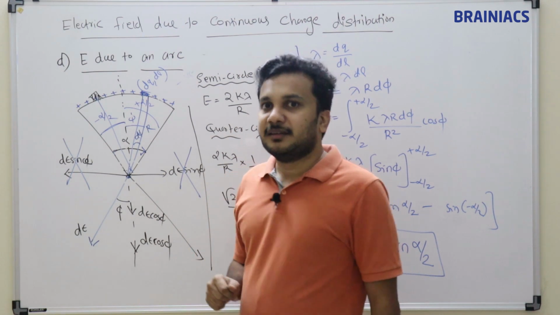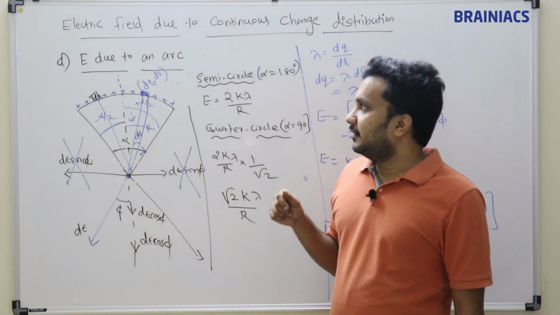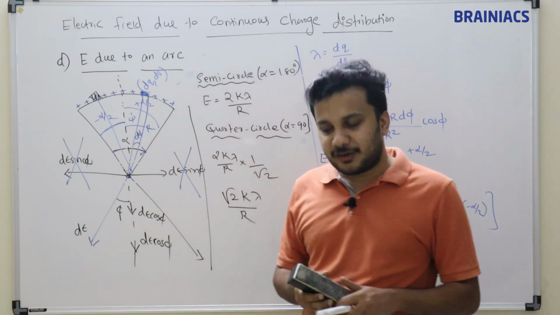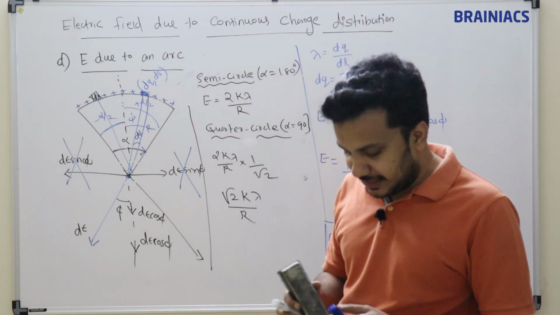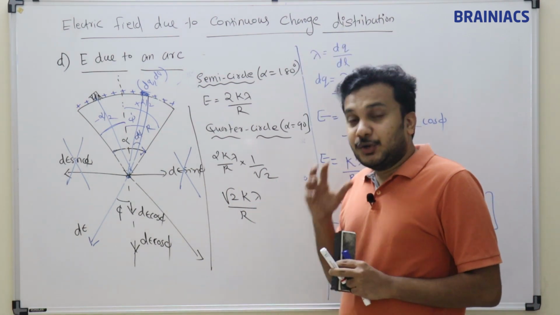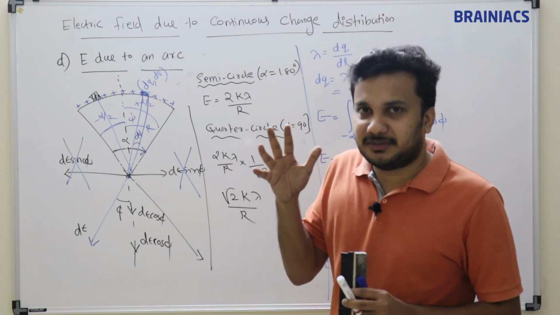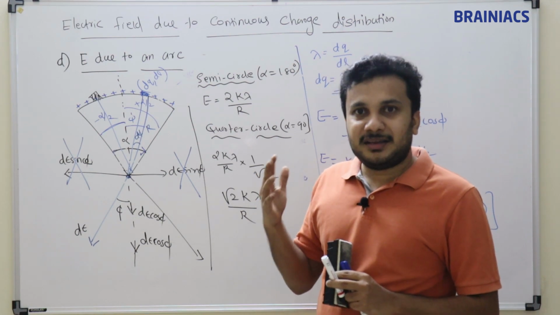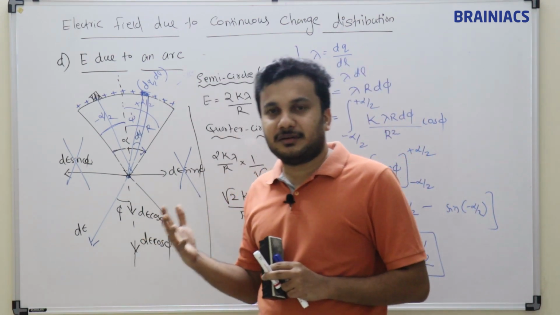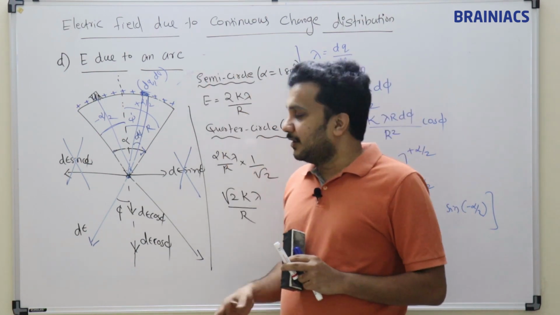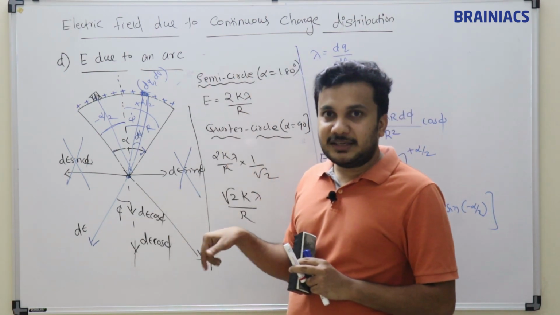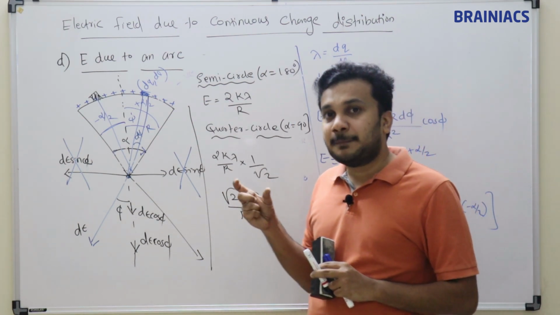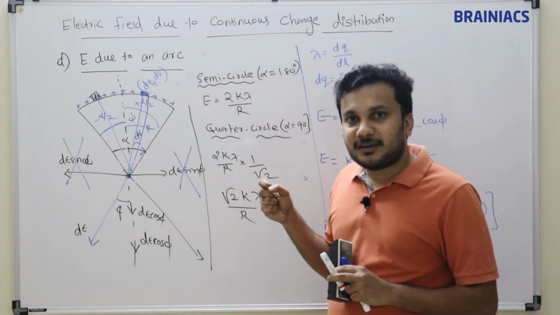The answer is: to understand the electric field due to an arc, it is not necessary that you learn the previous sessions like section B and section C. But in order to understand the real concept, why and what electric field will be created by a semicircular arc, by a quarter circle, or by an arc, these things you will feel easy if you understood the other two sessions: electric field created by a quarter circle, electric field created by a semicircle.